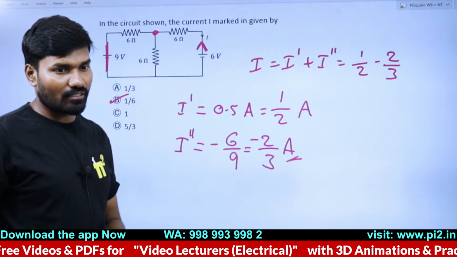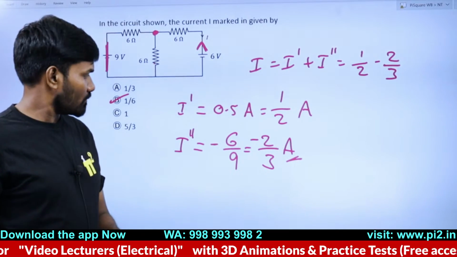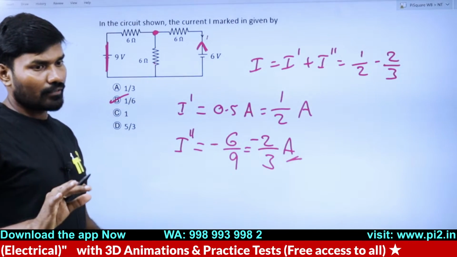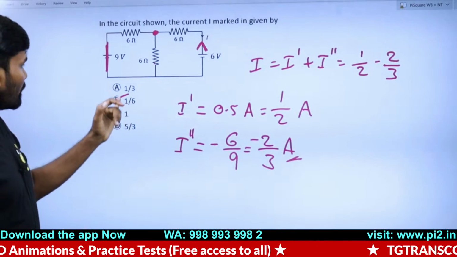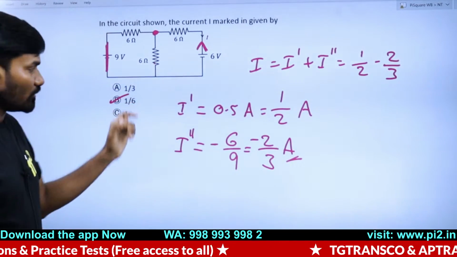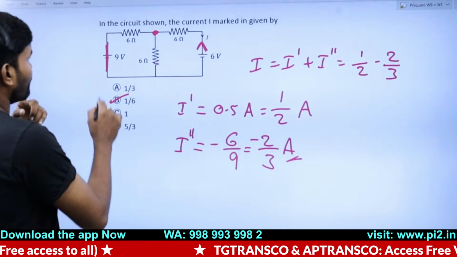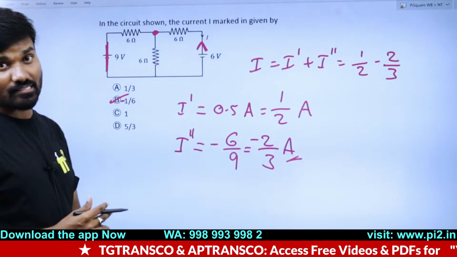Let me check whether the question is correctly taken or not. I think there is some problem in taking the options. This is supposed to be a minus sign. The option is supposed to be a minus sign.